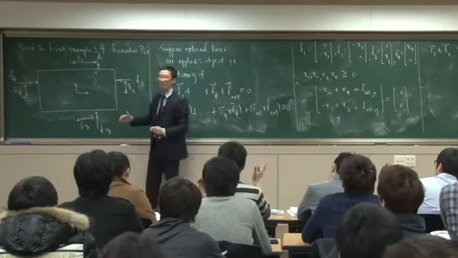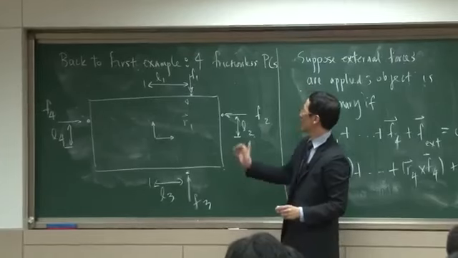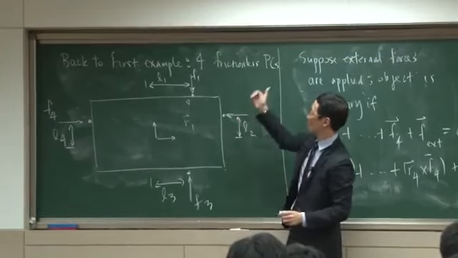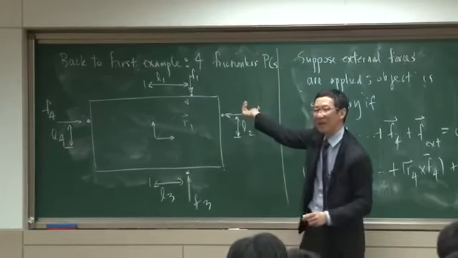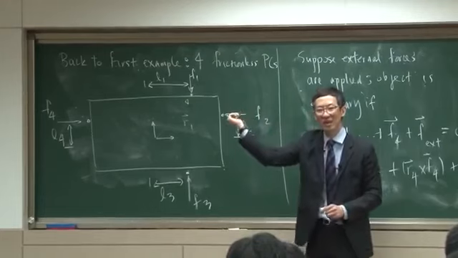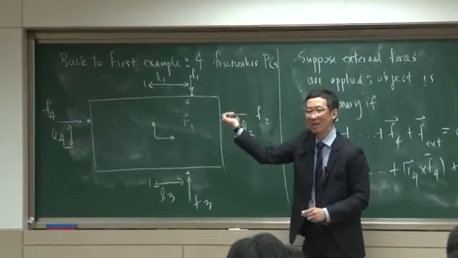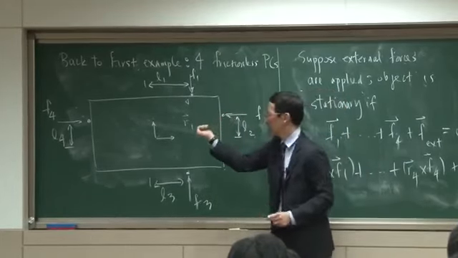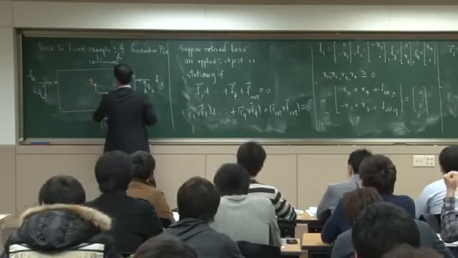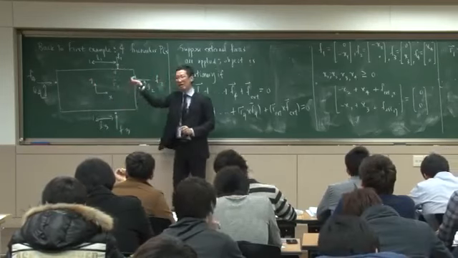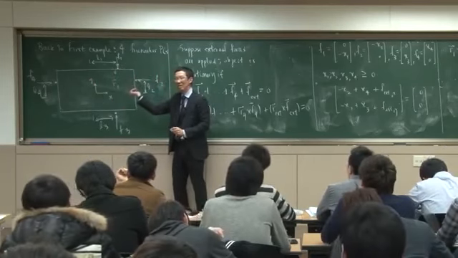You take R1, which is that way, F1, you cross it using your right hand. So the thumb indicates the direction. The direction is into the board, which is the minus z direction. So call this xy. R1 cross F1 is into the board, minus z direction.